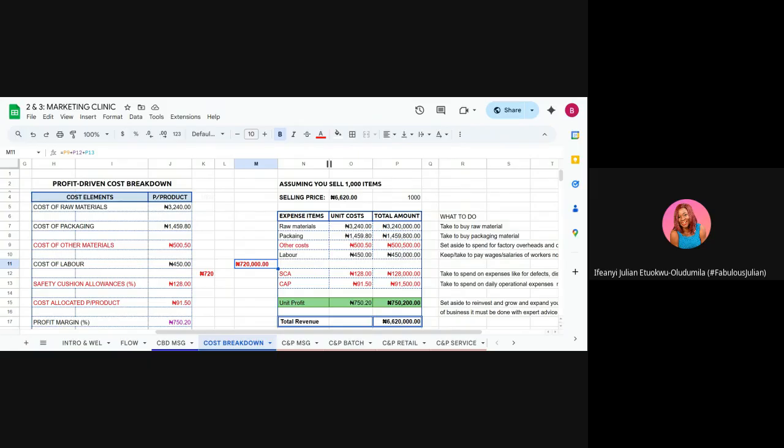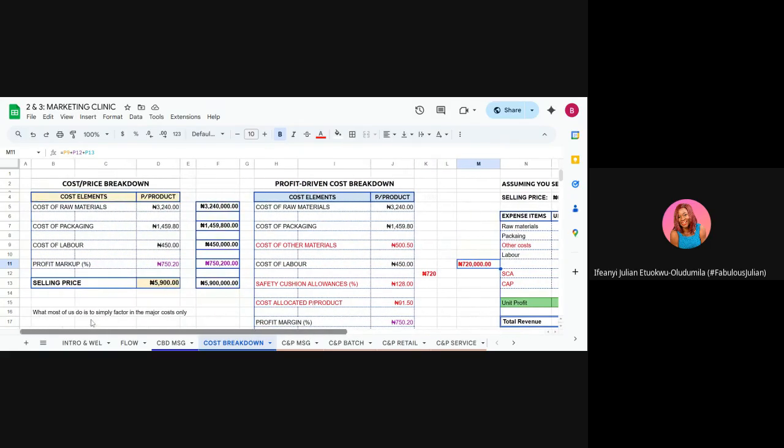So reflect on what you have done. Have you been doing the simple, straightforward, just 3 elements or 4 elements, or are you doing the profit-driven breakdown? Yes, let's call this the regular breakdown or the profit-driven breakdown.